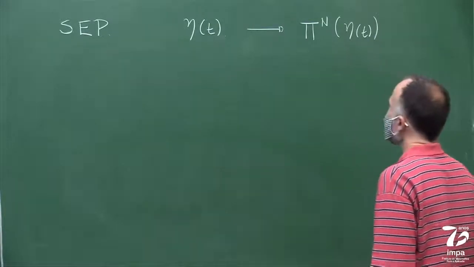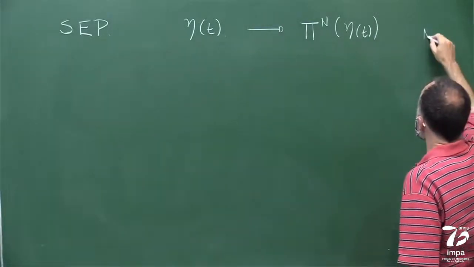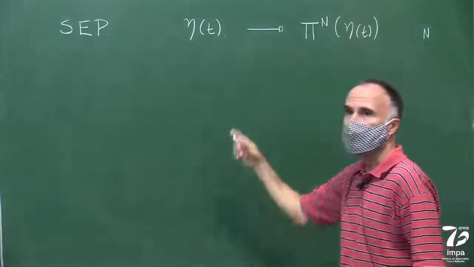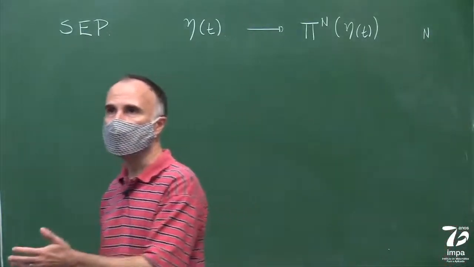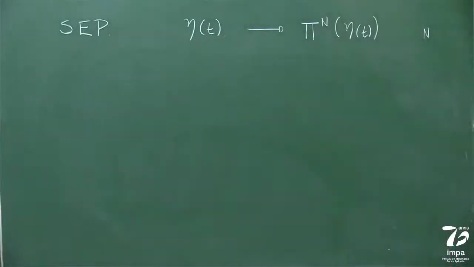So for fixed n, there is a one-to-one correspondence between etas and these measures. If I give you a configuration, you can construct the measures just putting mass 1 over n at each site where there is a particle. And if I give you a measure which places masses 1 over n at a certain number of points of lambda n, you can reconstruct the configuration.